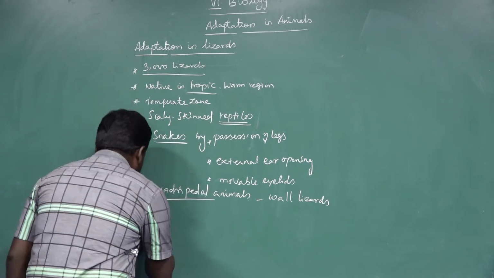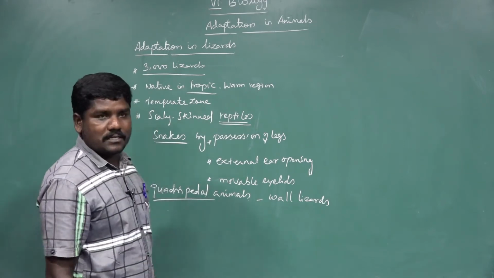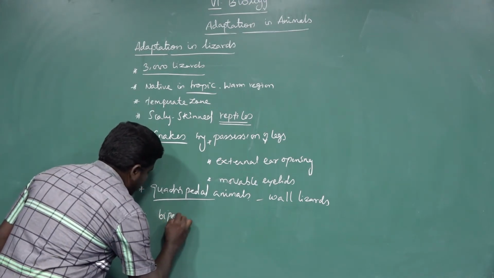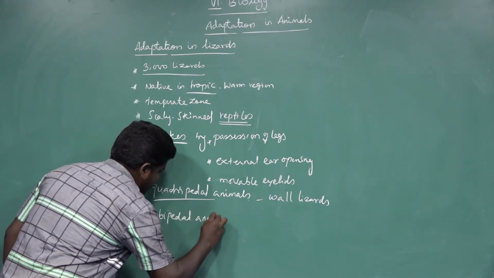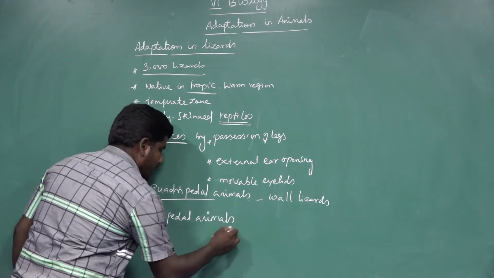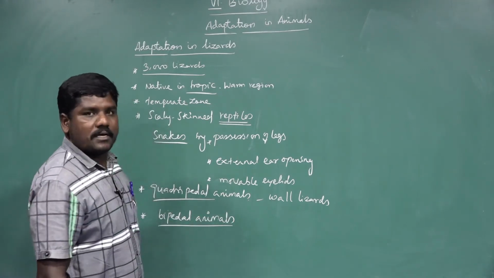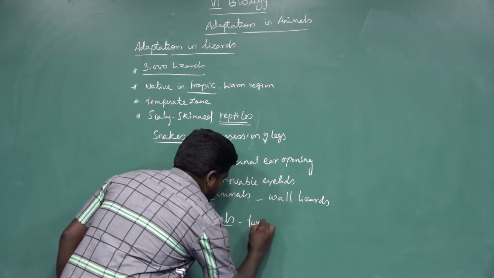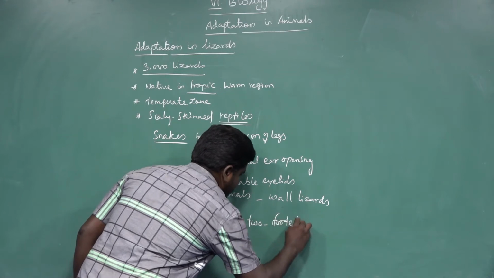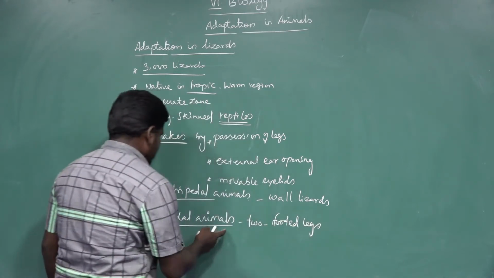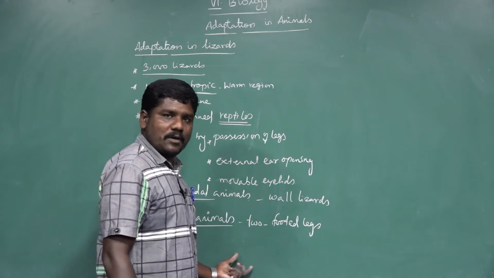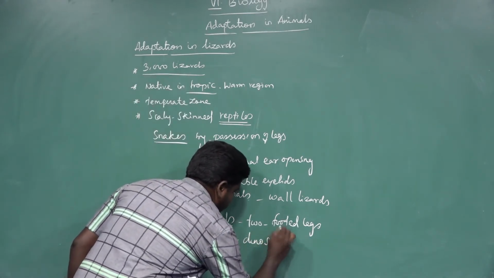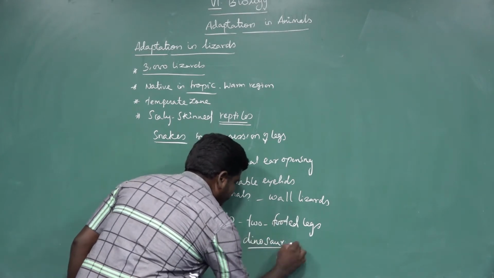And some lizards are called bipedal animals. Bipedal means some lizards walk on 2 legs. That is called bipedal animals. An example of bipedal animals is the dinosaur, in land form.